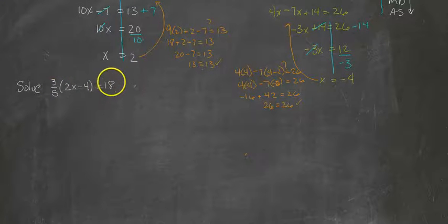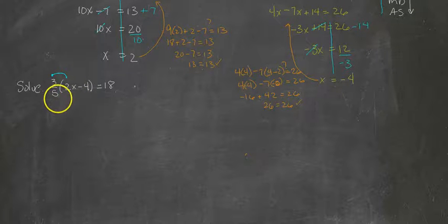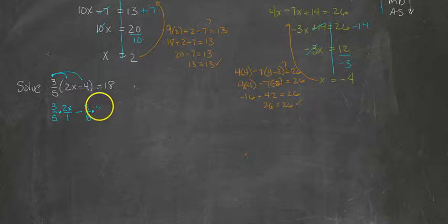Well, 18 is already simple. So I want to distribute my 3/5. So 3/5 times 2x, rather than taking time to worry about it, let's just write that down. 3/5 times 2x, and of course 2x would be over 1, minus 3/5 times 4 equals 18.